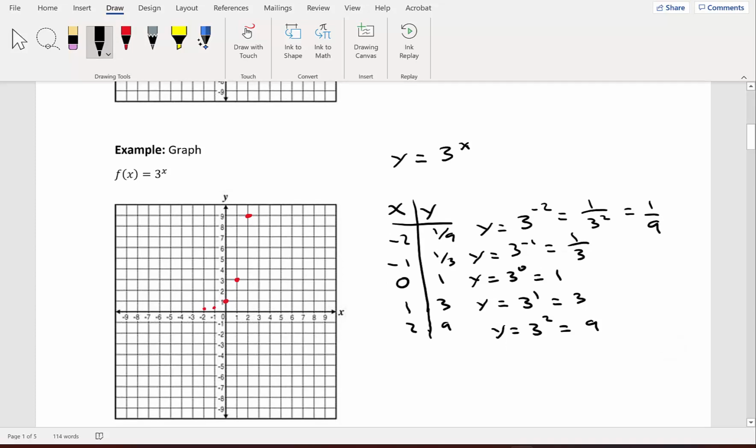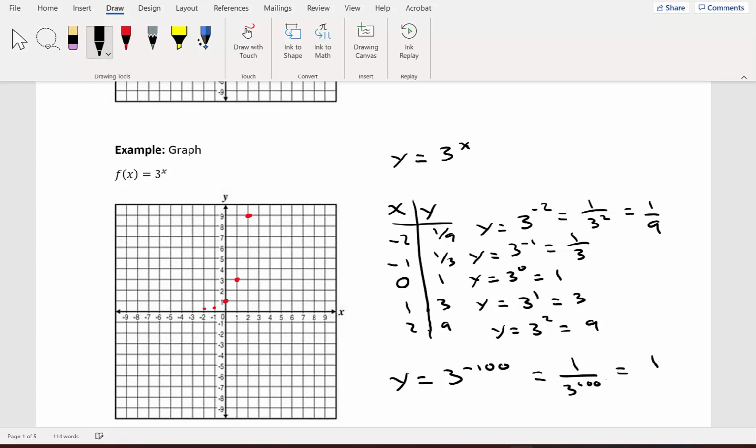Now, no matter what we plug in for our x, our y will never be equal to 0. So for example, let's say I plugged in -100 for my x. I'd have y is equal to 3 raised to the -100th power. Well, I use my property for exponents. This would become 1 over 3 raised to the +100th power.